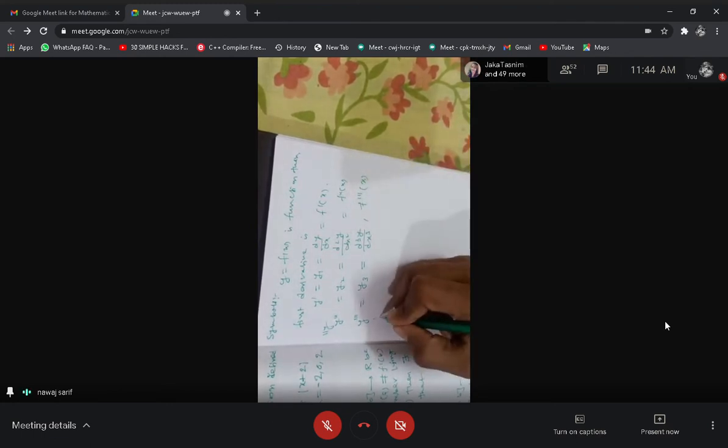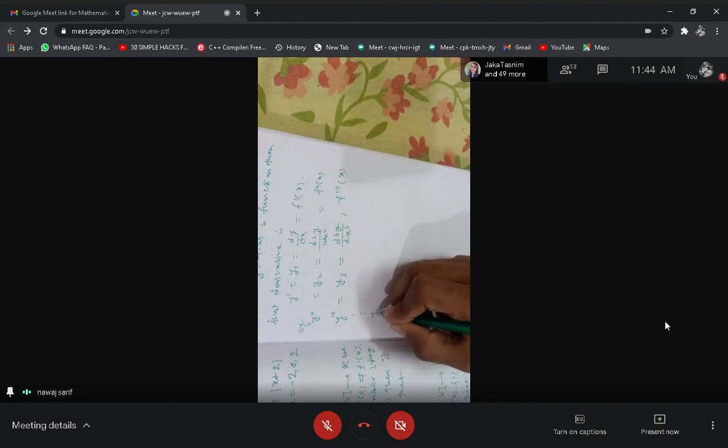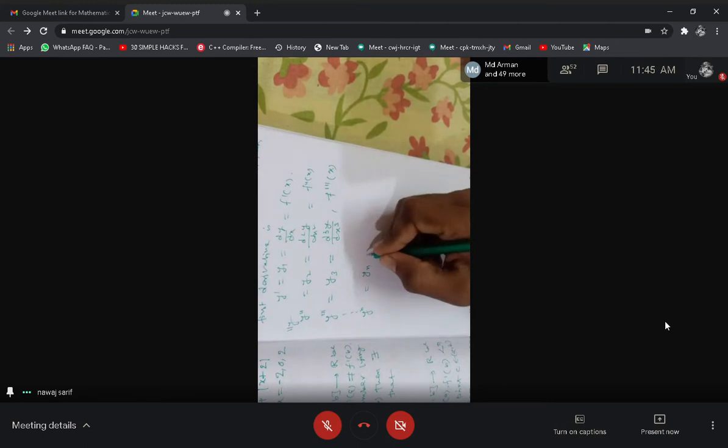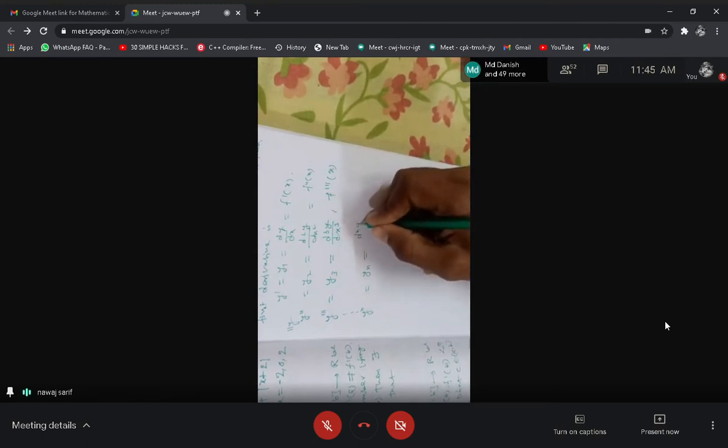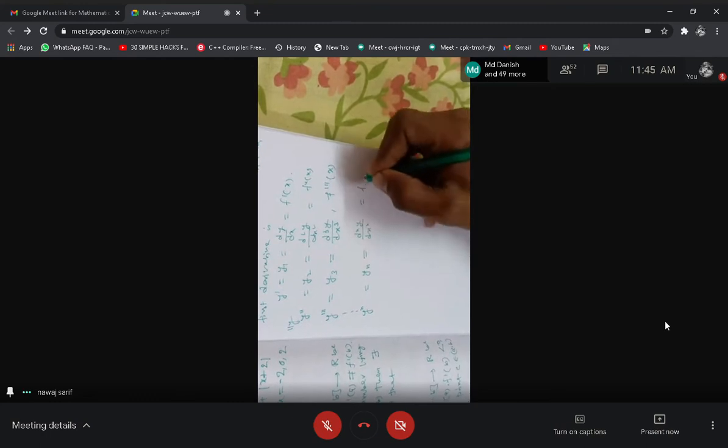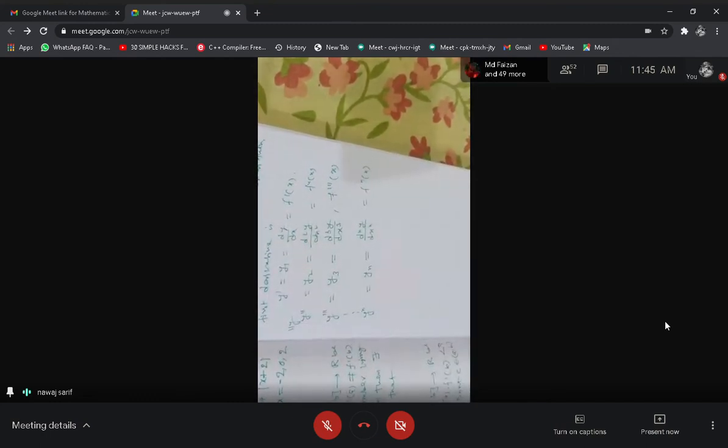Similarly, how to write nth order derivative? yn, and this is y(n) equals d^n y over dx^n, and this is f^n(x). These are all symbols for higher order derivatives.